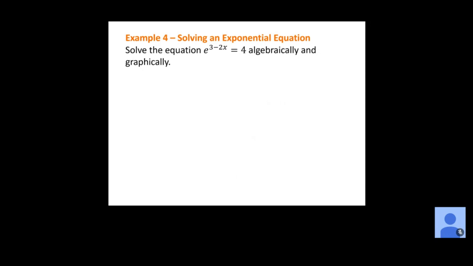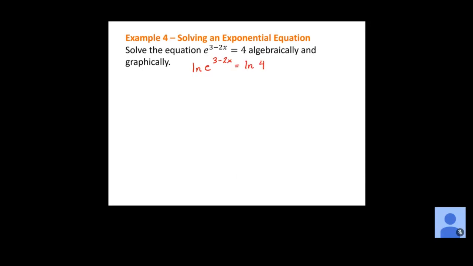Okay, good. This time there is no coefficient, right? So there's nothing to divide by. So we're going to go ahead and take the log on both sides. What kind of log do we want to use this time? Good. Let's make it a natural log, right? So let's take the log of e to the 3 minus 2x equals natural log of 4.